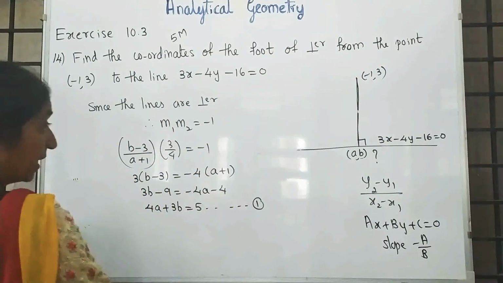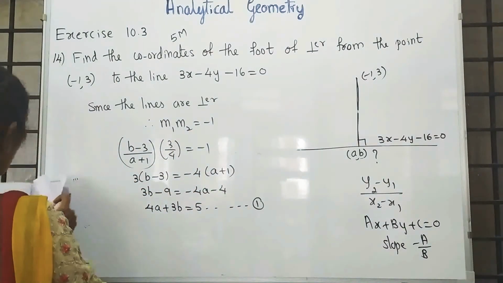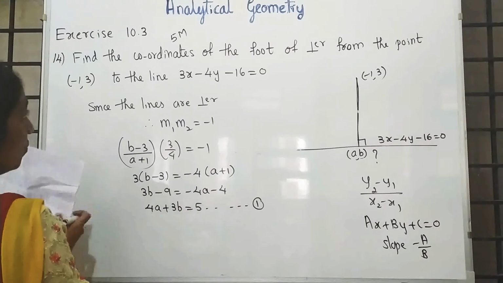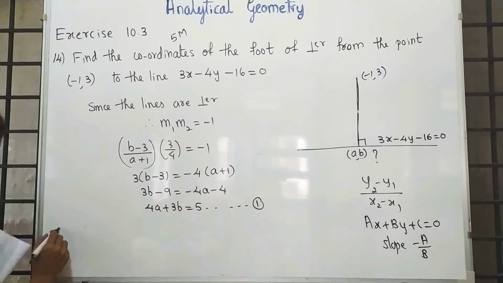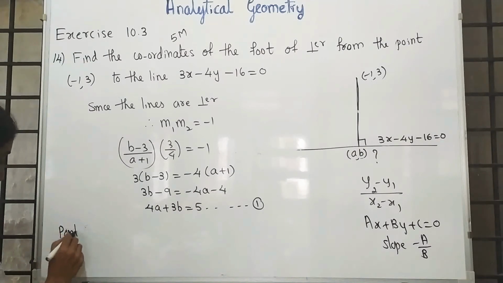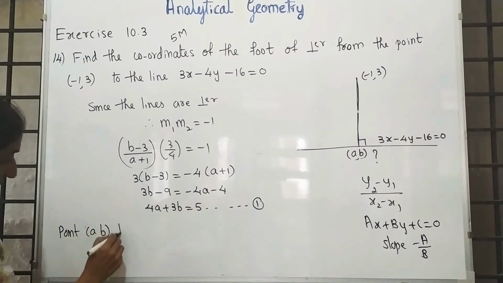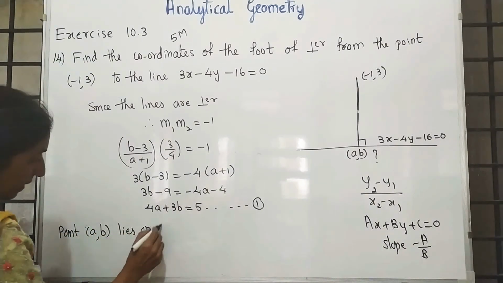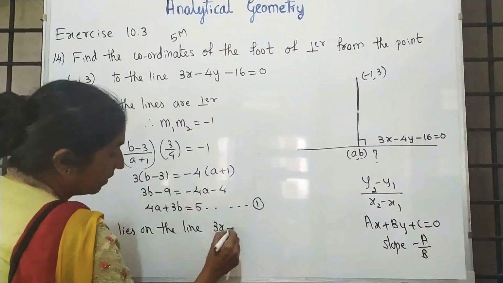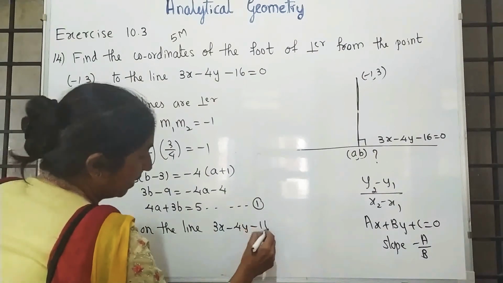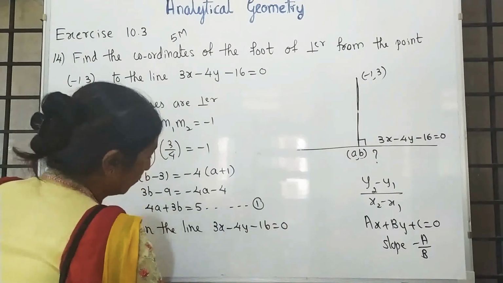And what we are observing here is that the point (a, b) lies on the line 3x minus 4y minus 16 is equal to 0.